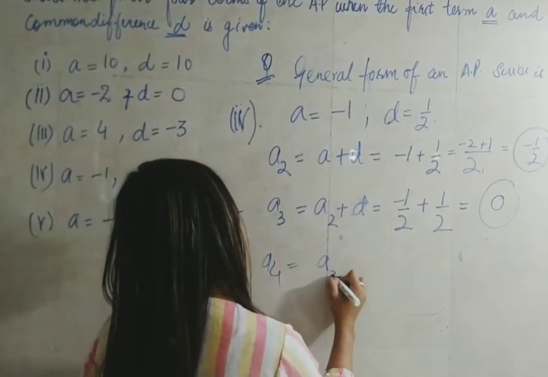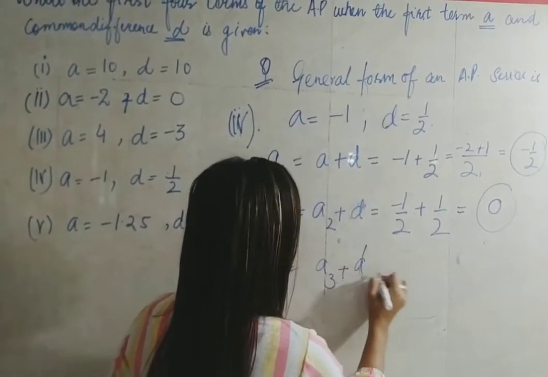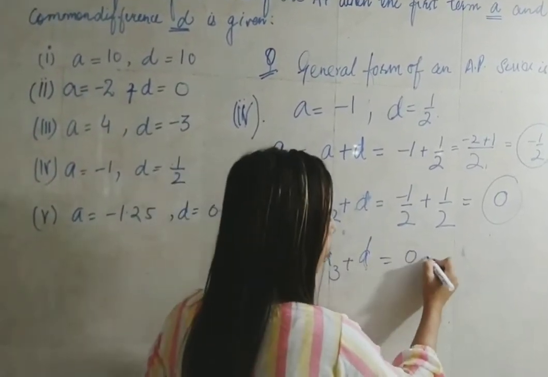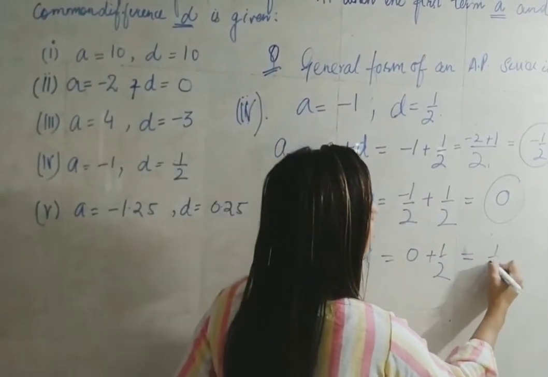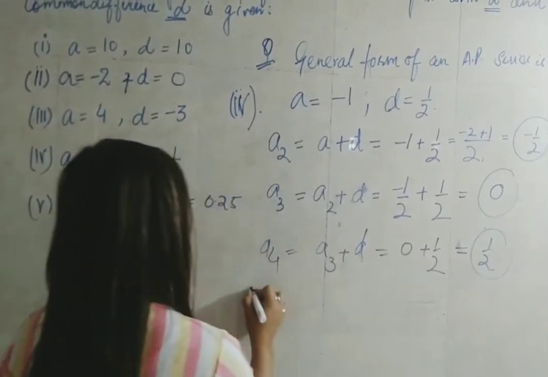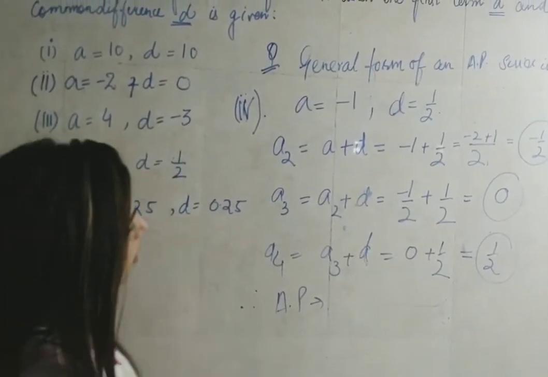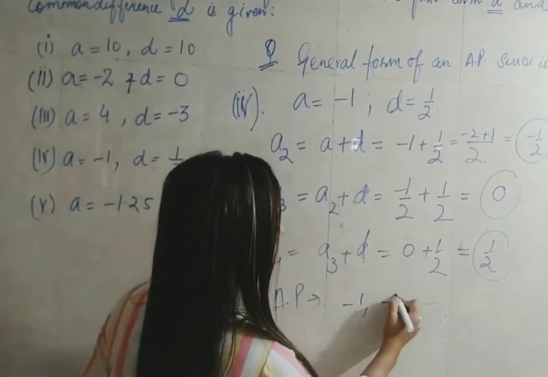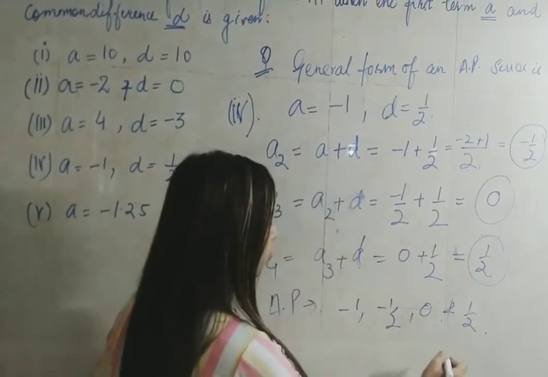It will again be equal to A3 plus D. That is 0 plus 1 by 2, or D is 1 by 2, and we will get 1 by 2. So the first 4 terms of our AP will be minus 1 by 2, 0 and 1 by 2.